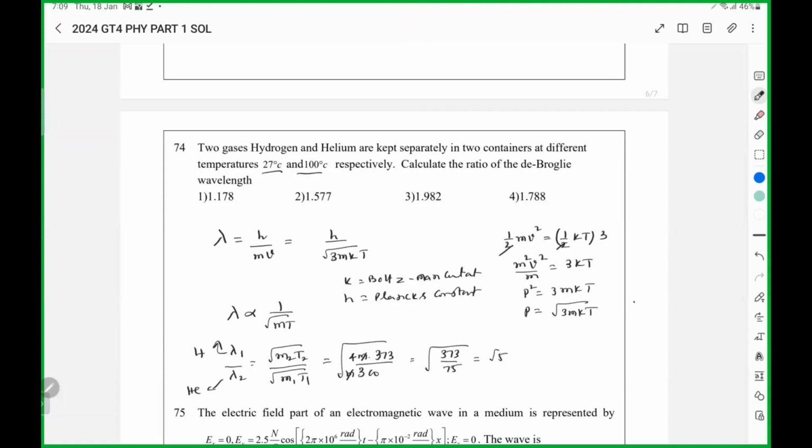Here it is 2m. 2.5. It is nearly 1.6 will be 2.56. So the nearest value is this.